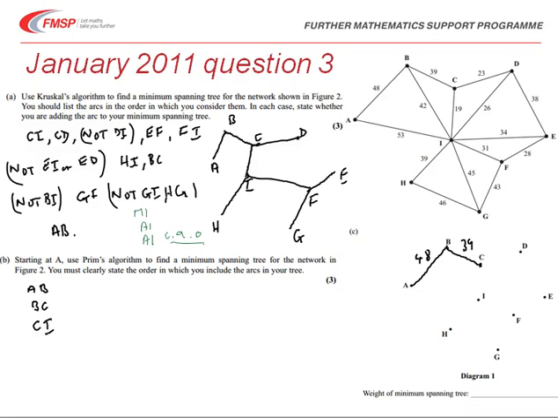So that's coming in here, C to I. And then from C to D is 23, but do check around making sure there's nothing smaller than that. From C to D is 23. And then FI is the next one, 31.